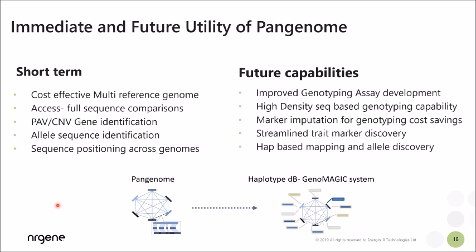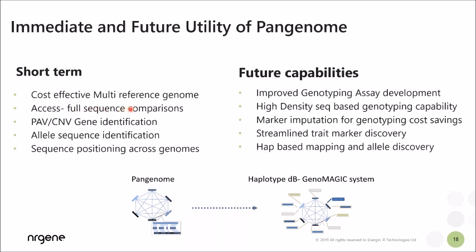What can you also do with these pangenomes? So in the short term, you have a cost-effective multi-reference genome that you can use. You can map sequences, and each result that you get can be mapped to any of the other ones because they have this conversion method.